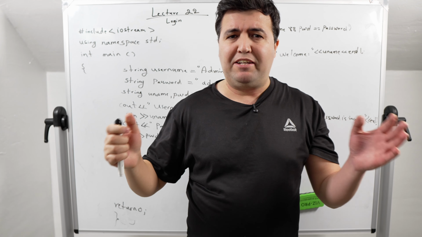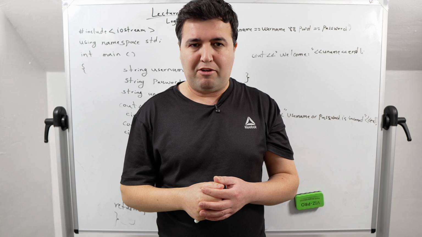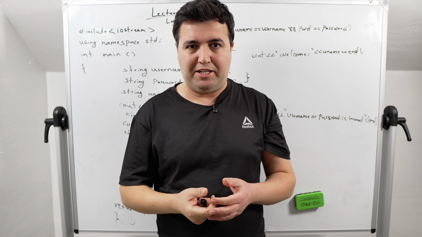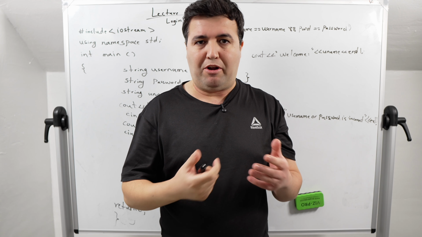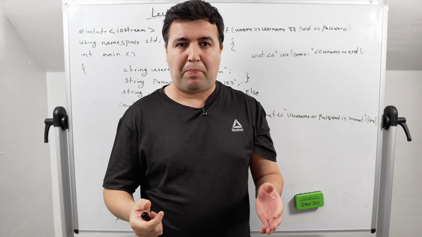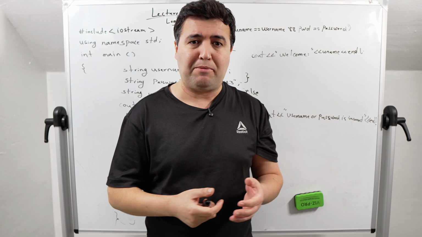So this was another program using if else, which checks if the username and the password are correct or not. So we wrote a login system, which many systems use; when you use them, they ask you for the username and password.